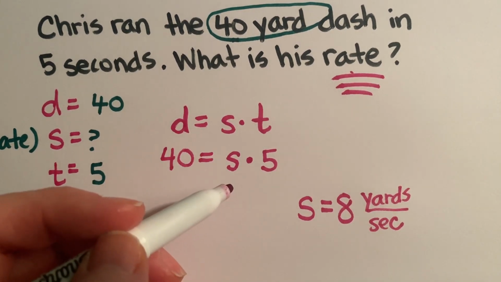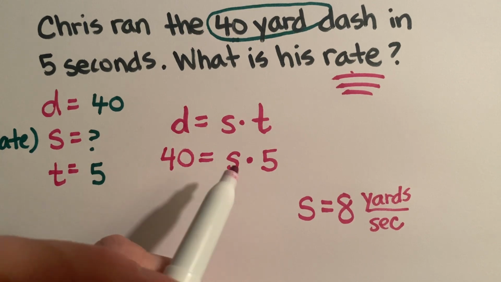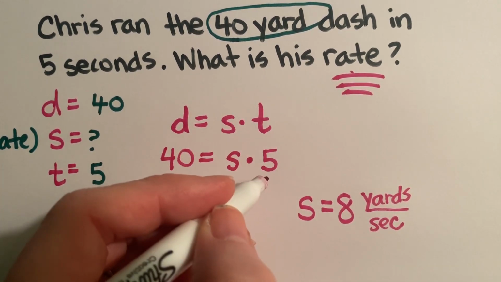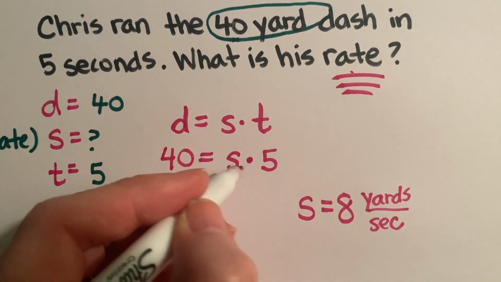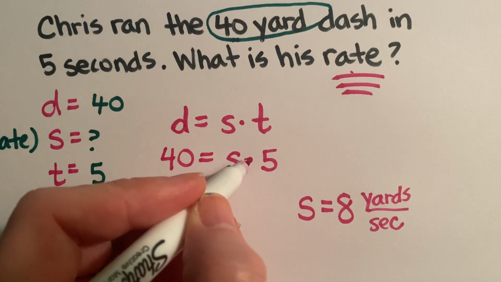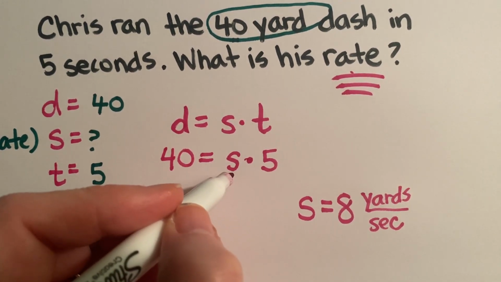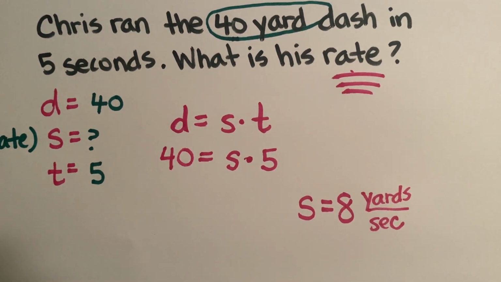Let me just show you a little snippet of algebra. So when you have a number like this 5 next to a letter and the operation happening between them is multiplication, if you don't want to guess and check what number times 5 is 40, you can do this instead.